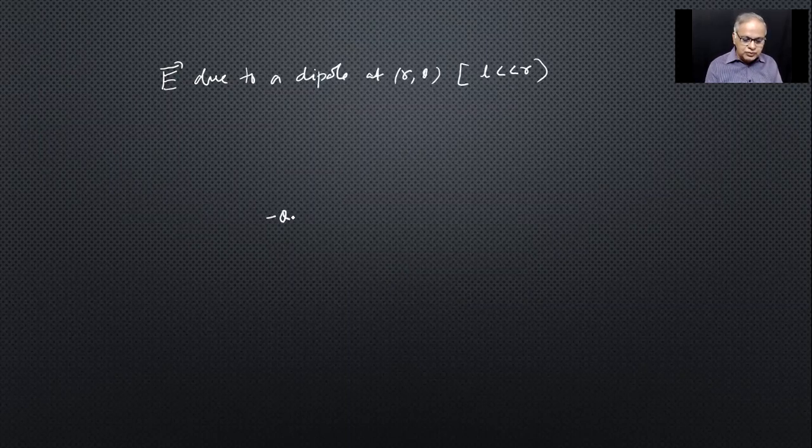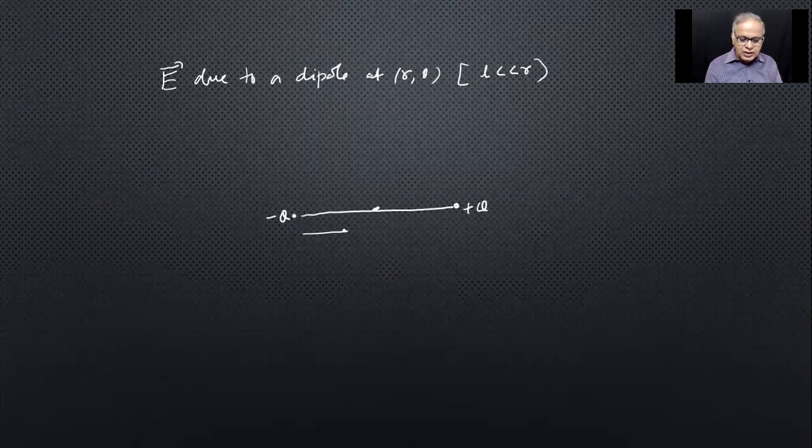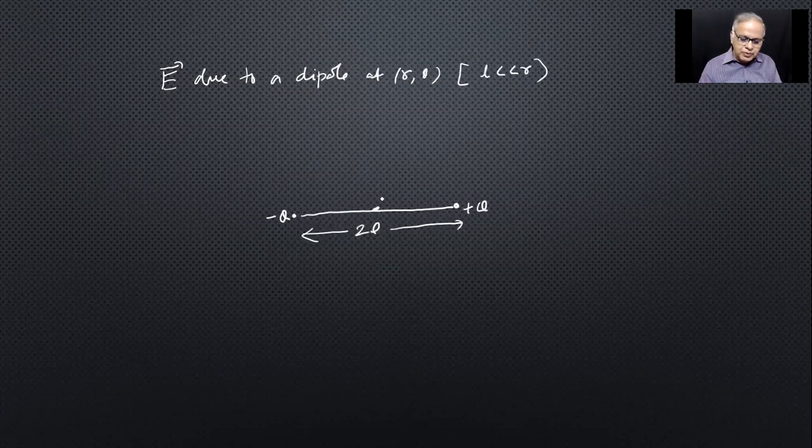This is minus q and then plus q I have. So once again, as usual, I'll take the distance to be 2L. At some point there, I wanted to know the field. This is theta, that is R. Hope you understood now.